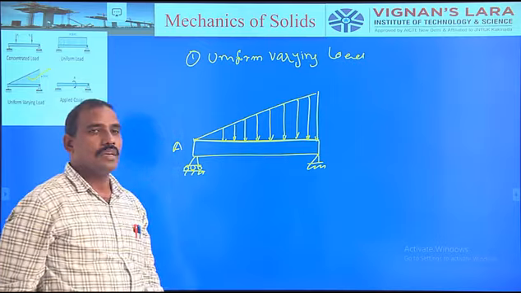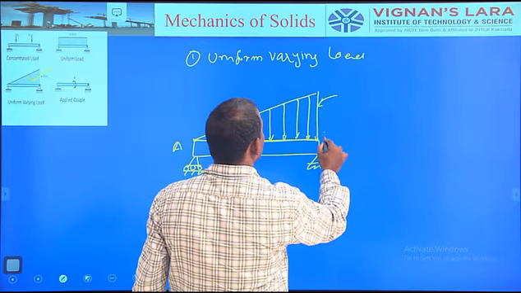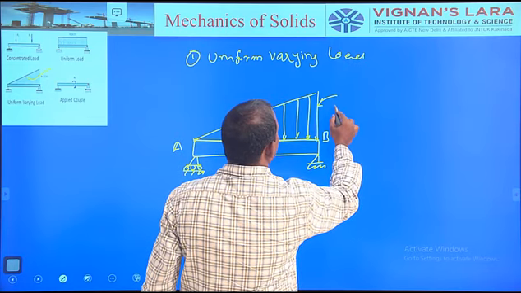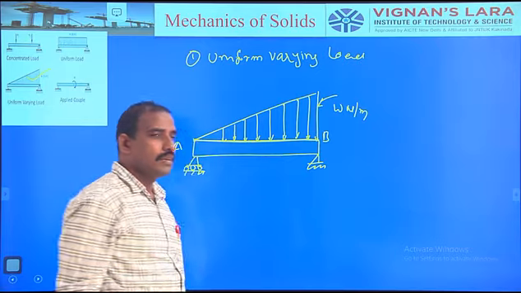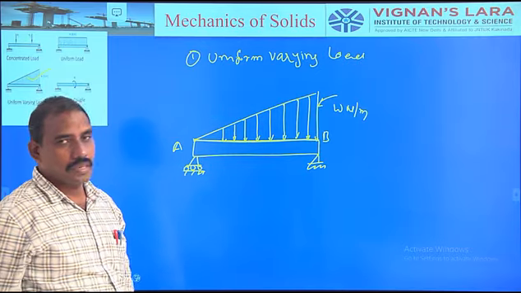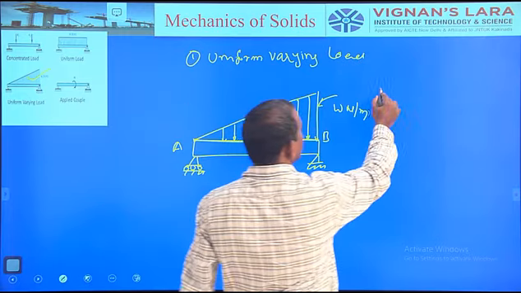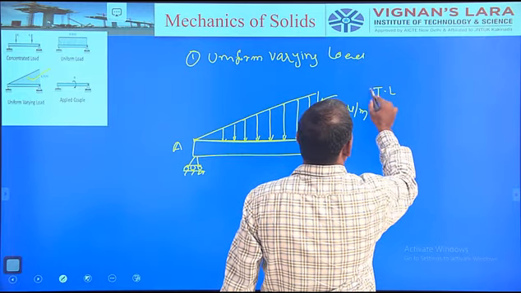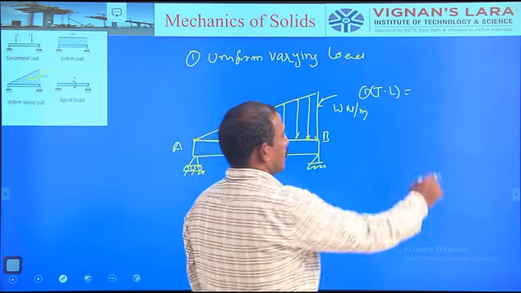Here the rate of load varies from A to B at the rate of W newton per meter. Again we have to calculate the total load. It is very simple. For our convenience, while calculating the total load, let us consider the triangle geometry.